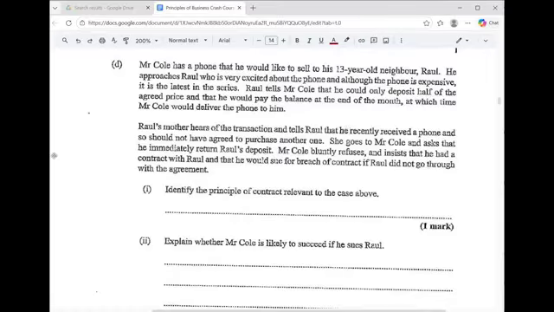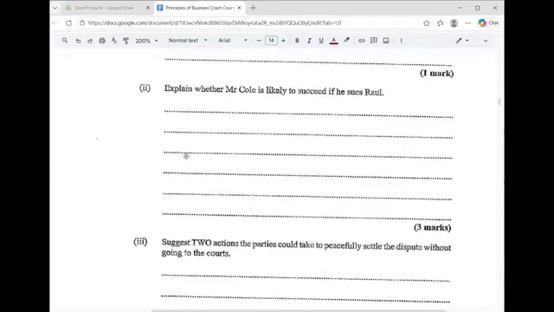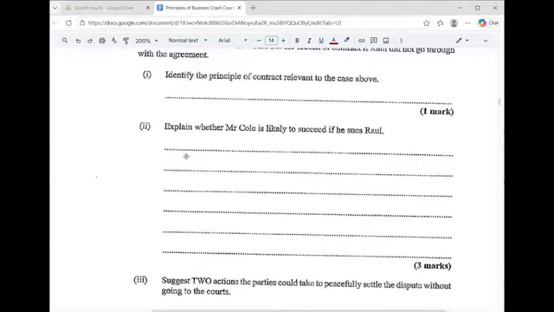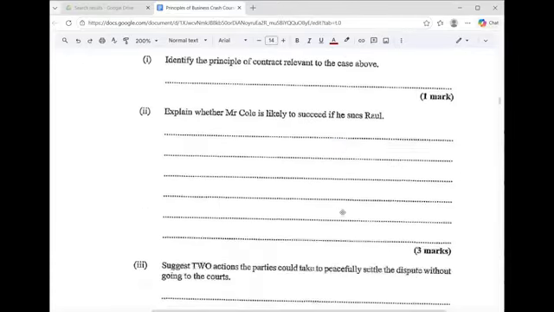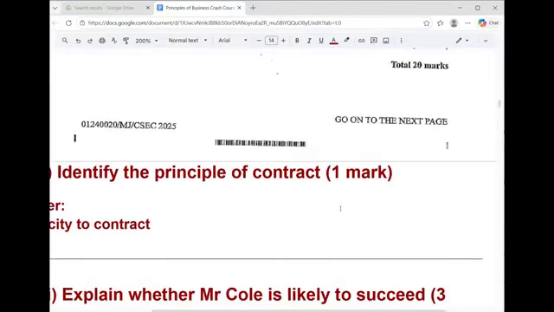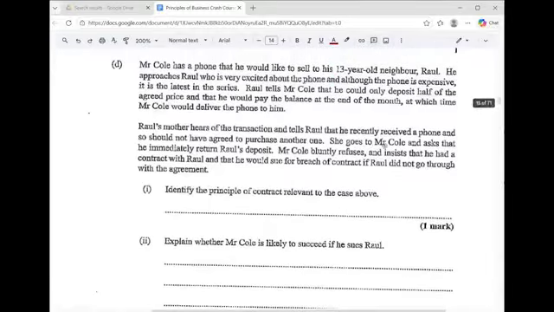Based on what I read here, Rahul is definitely in contract with Mr. Cole. But he should not have agreed. He should have communicated with his mother first because he's 13 years of age. However, the only thing that could void this contract is his age, because he's not of adult age.